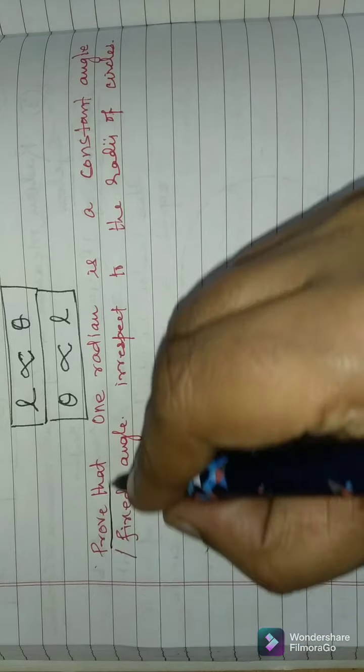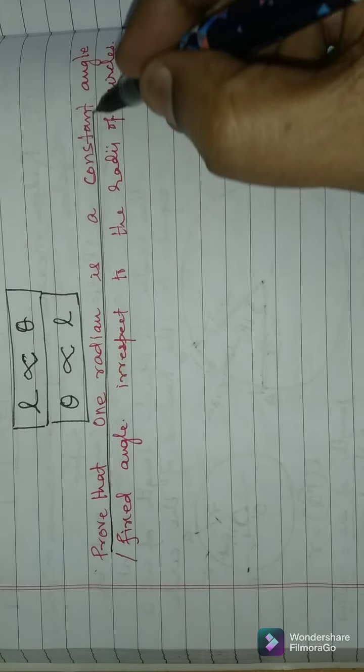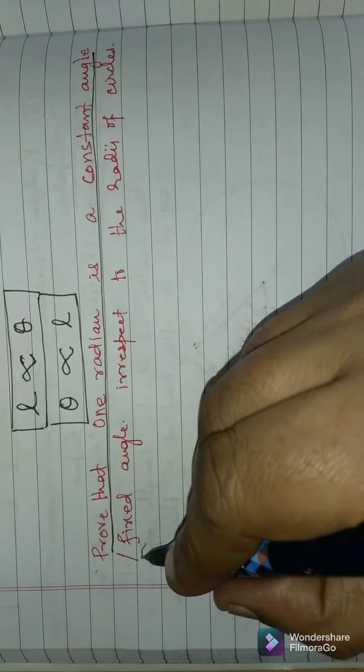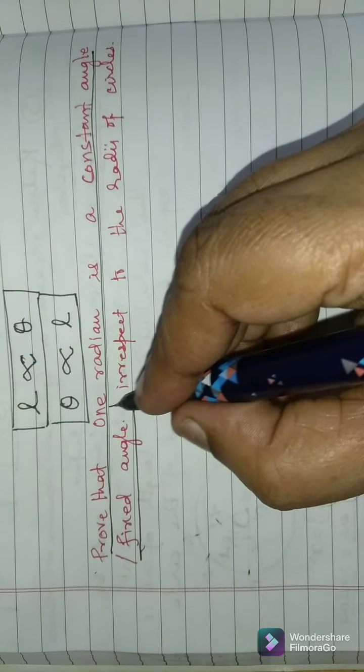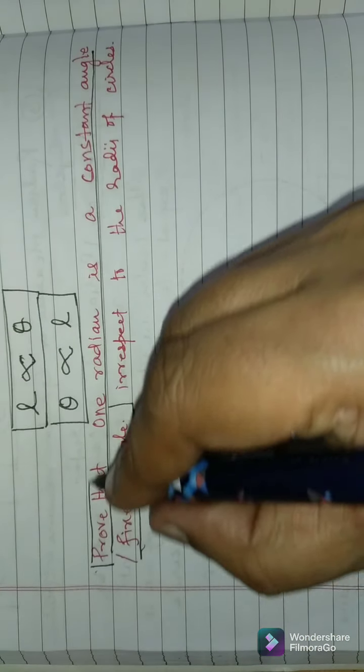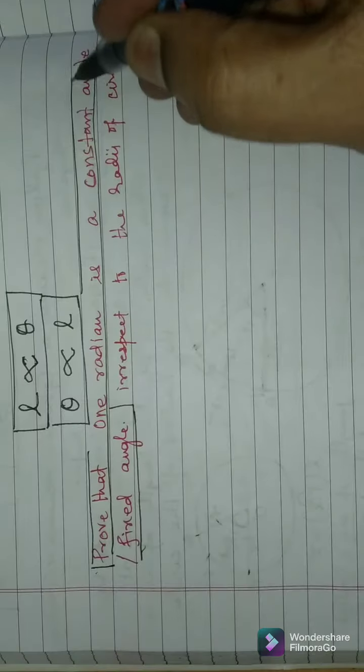So if the radius of the circle will increase or decrease, the 1 radian is always the fixed angle. Here this is what we have to show.